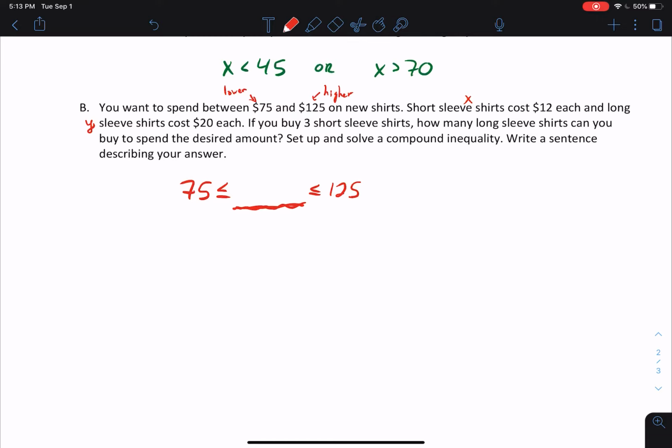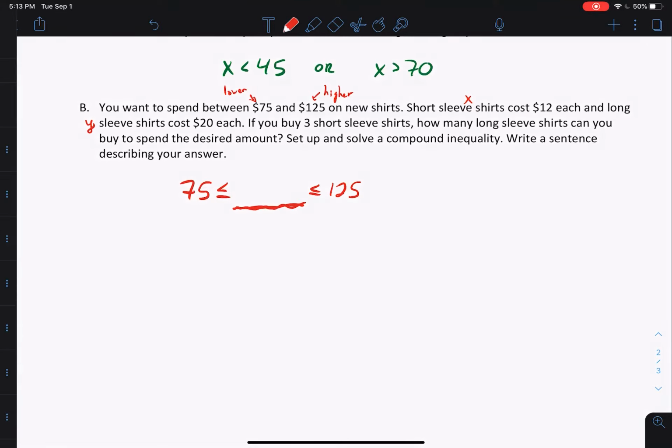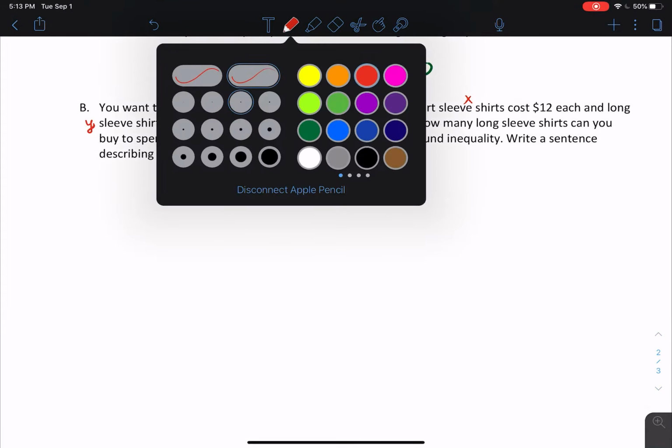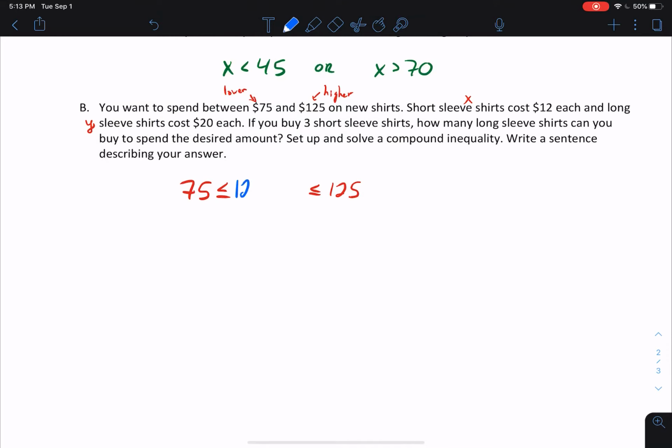All right, well, short sleeve shirts are $12 each. Okay, so that's going to be 12x. I take the number of short sleeve shirts that I get, I multiply by 12, and that's going to be the amount that I spend on short sleeve shirts. Long sleeve shirts are $20 each, so I can represent that by 20y.